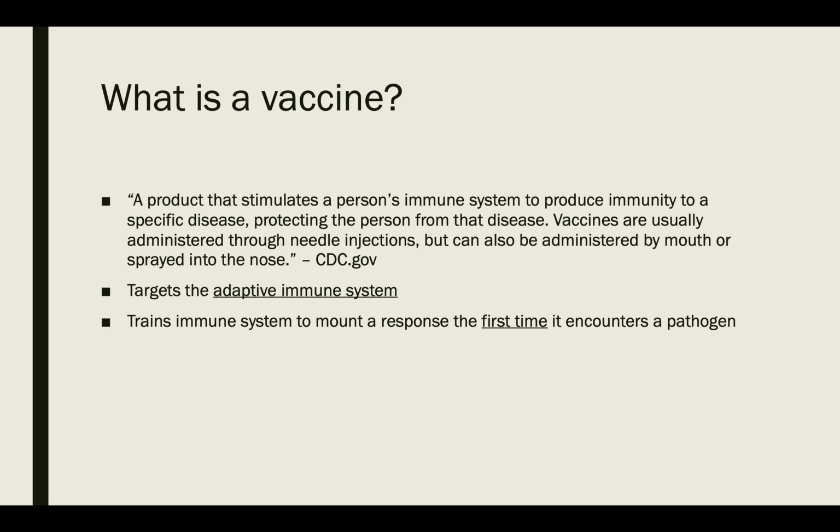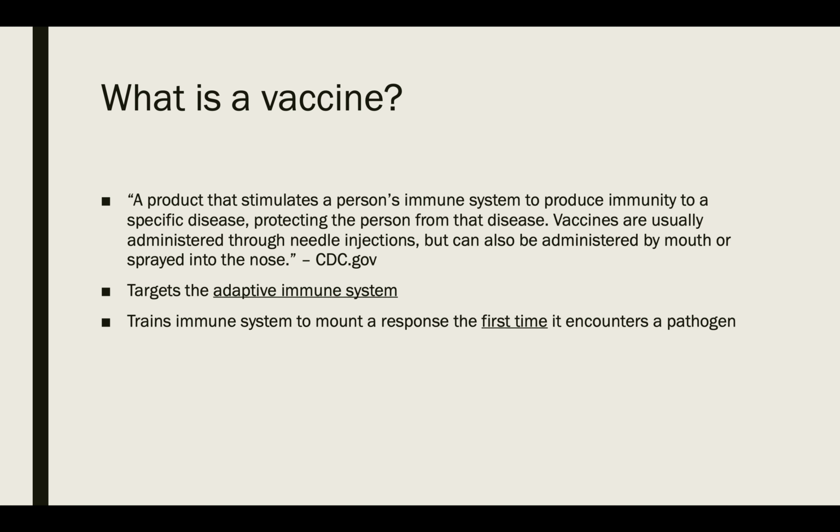So we've been covering the immune system, and you know about the innate immune response and the adaptive immune response. The innate immune system cannot be trained. So what vaccines do is they target the adaptive immune system to train those cells, your B cells and your T cells. And again, these train the immune system to mount a response the first time it encounters the actual pathogen.